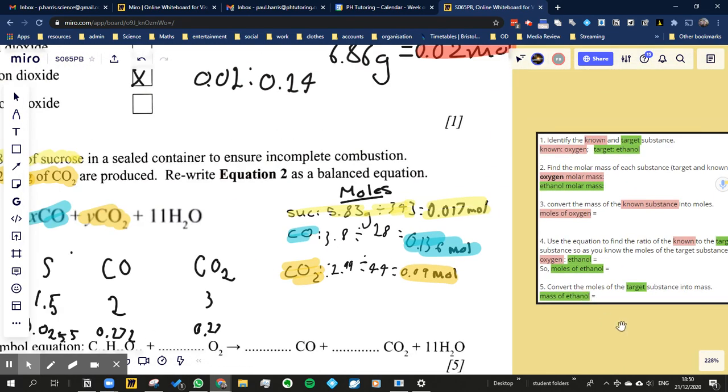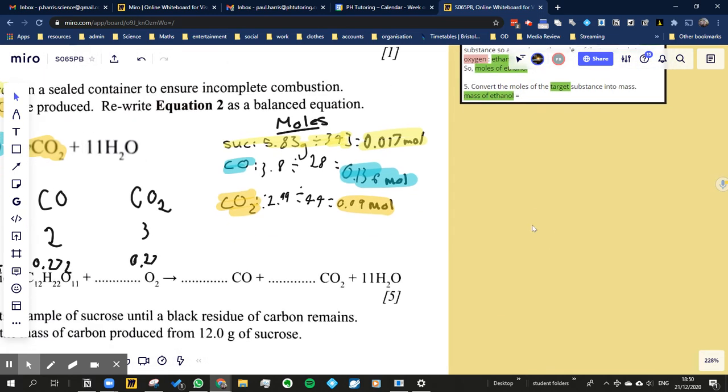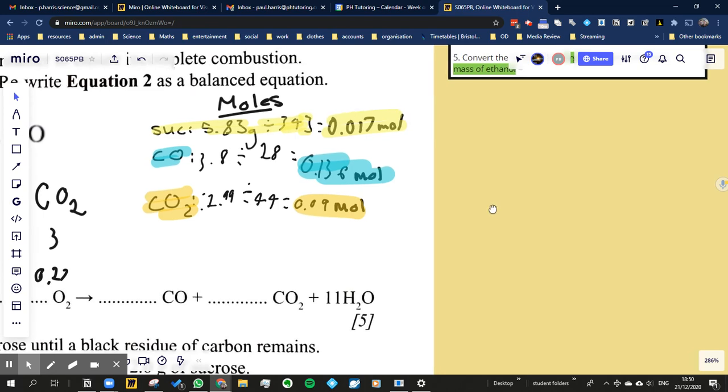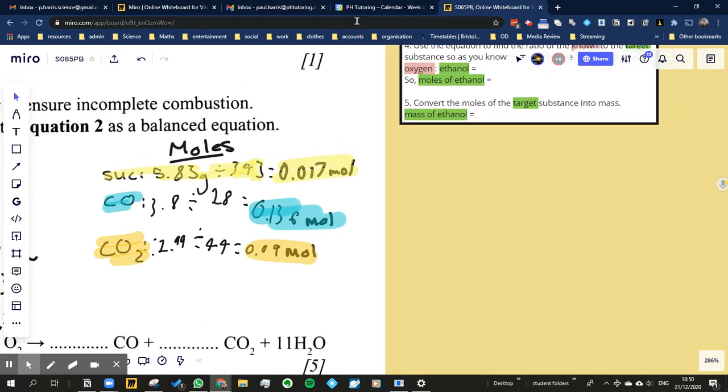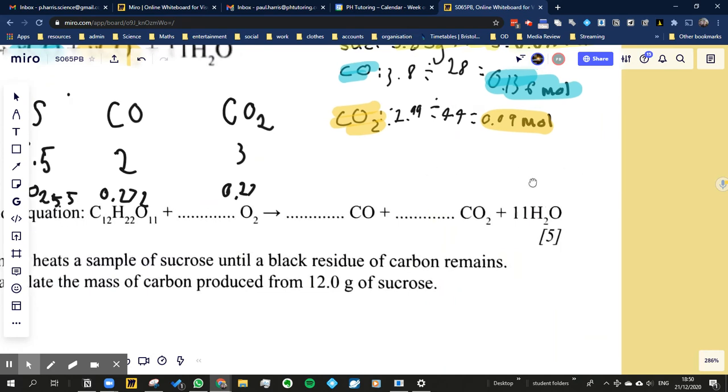Let me just move this cheat sheet for the previous question out of the way. It didn't actually work because we had to do a different thing. Never mind. Right, so we're trying to work out the ratio. We know that this one is going to be 1 because it's 1 in the balanced equation.